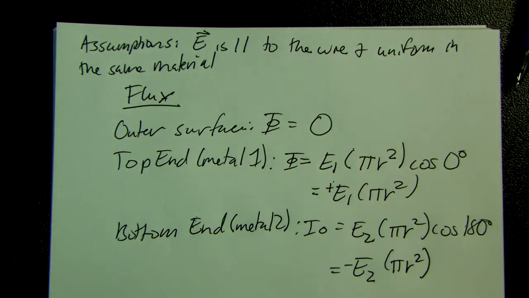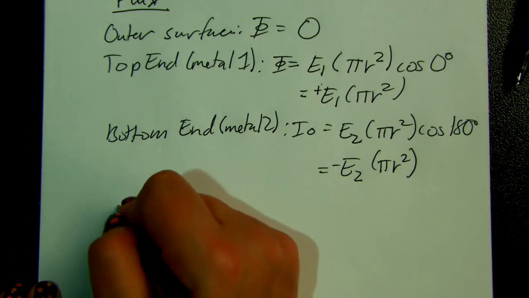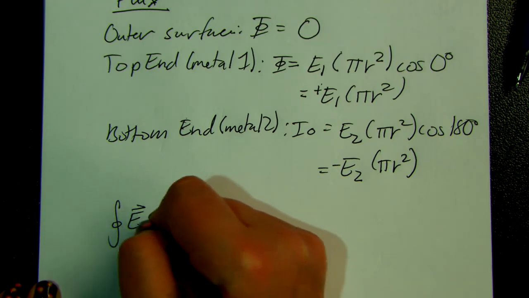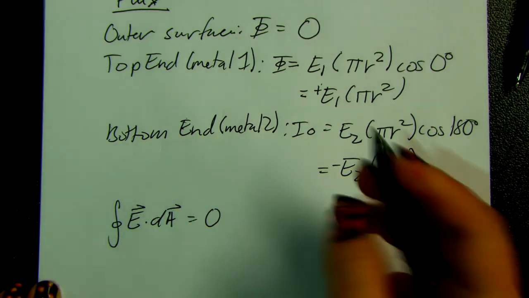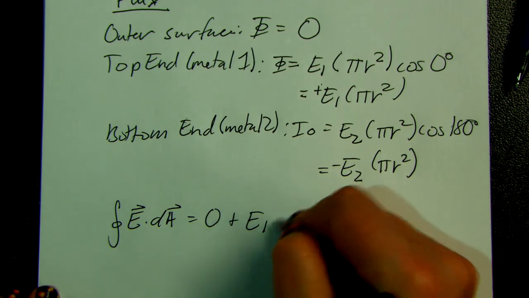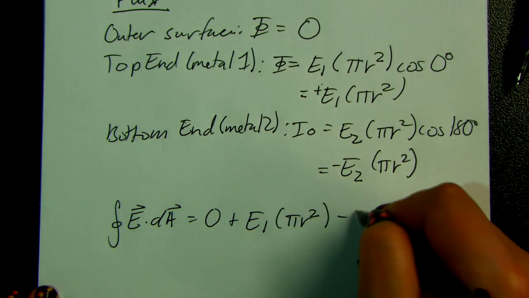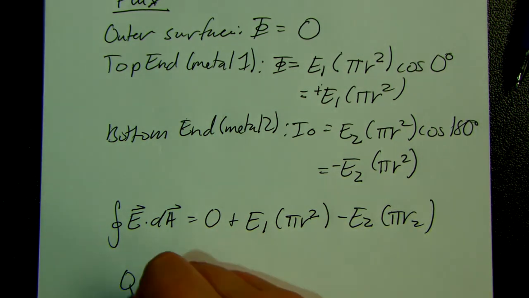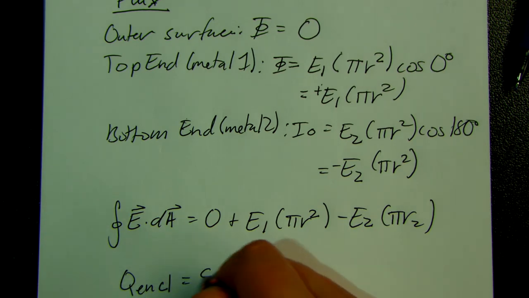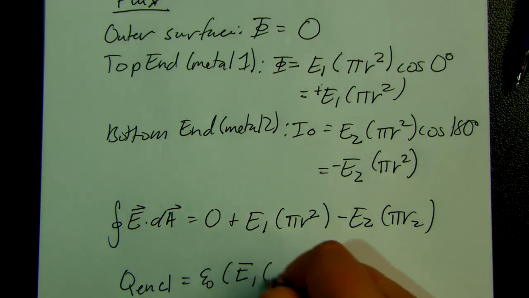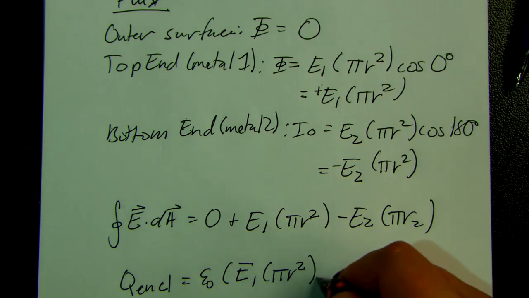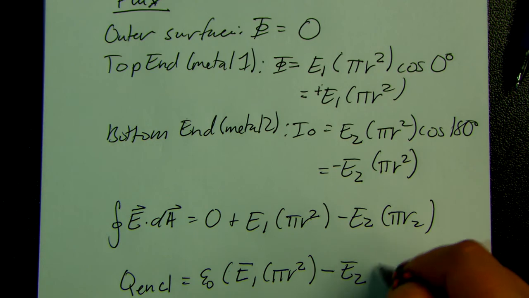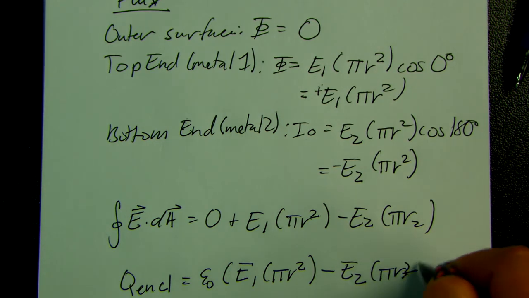Previously we've been looking at a wire made out of the same material. These two had canceled. That's no longer the case. So we have the surface integral of E dot dA is equal to 0 plus E1 pi r squared minus E2 pi r squared. And so Q enclosed is equal to epsilon naught times E1 pi r squared minus E2 pi r squared.